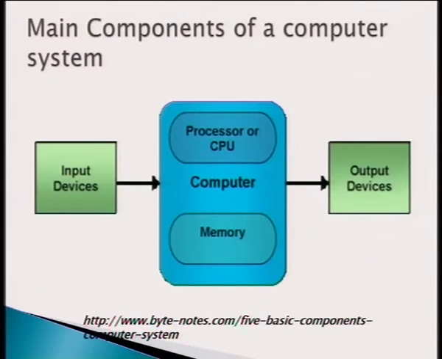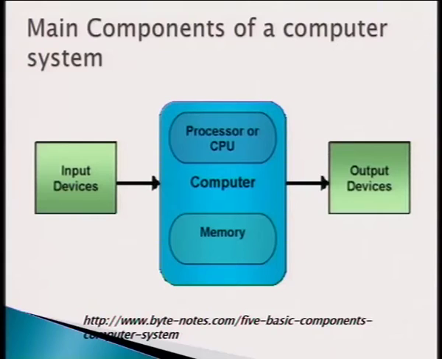Okay. Now the main components of a computer system. Now a computer is a system. When we talk about a system, we actually talk about a set of different components that are assembled together to perform a specific task. Now a computer is not just one single device.